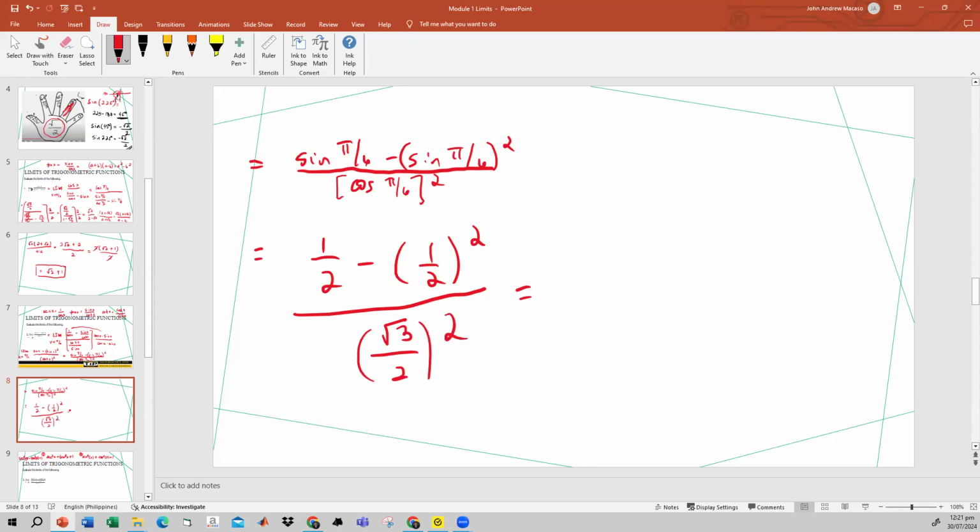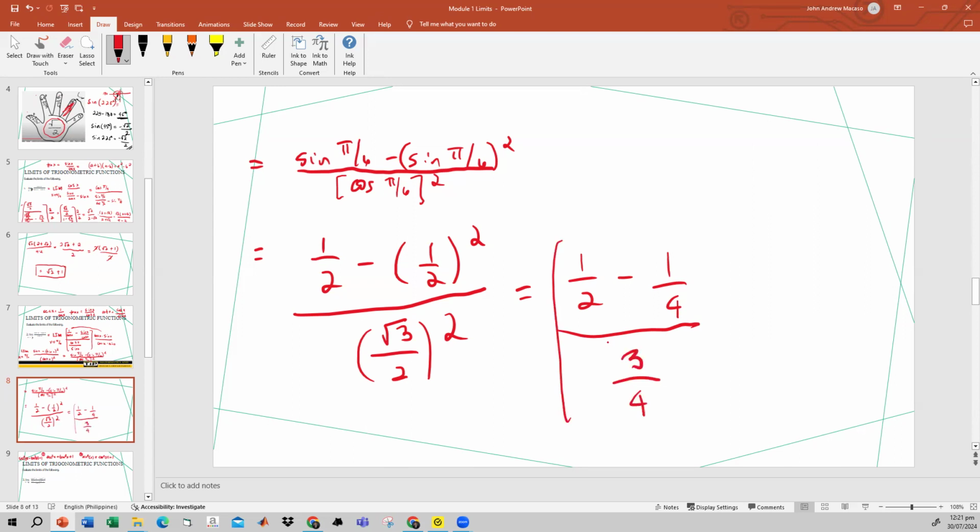Then simplifying, this will lead to 1/2 minus, of course, 1/4 over the square of, square root of 3 rather, so that's 3 over 4.